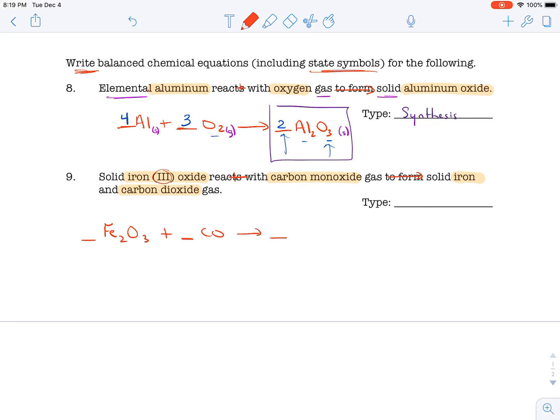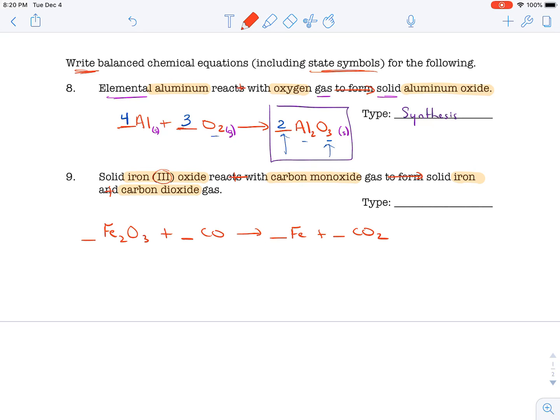We've got solid iron, so that would just be Fe. And there means plus. So we're going to put plus carbon dioxide, which is CO2. So that is our first step, translating from words to symbols.